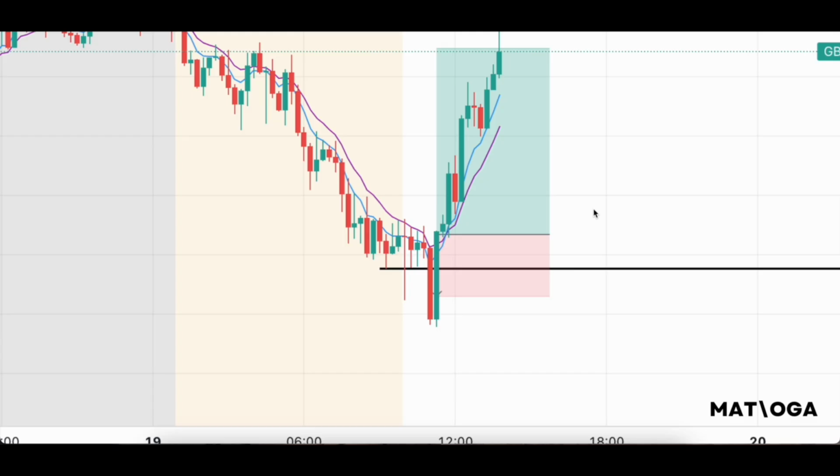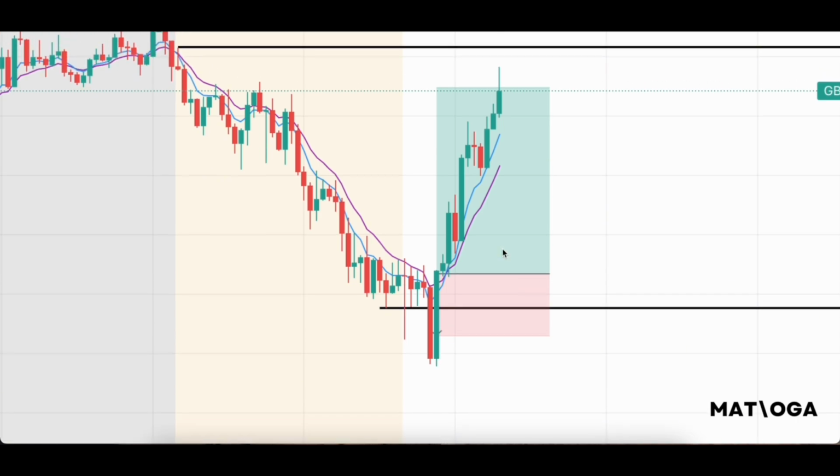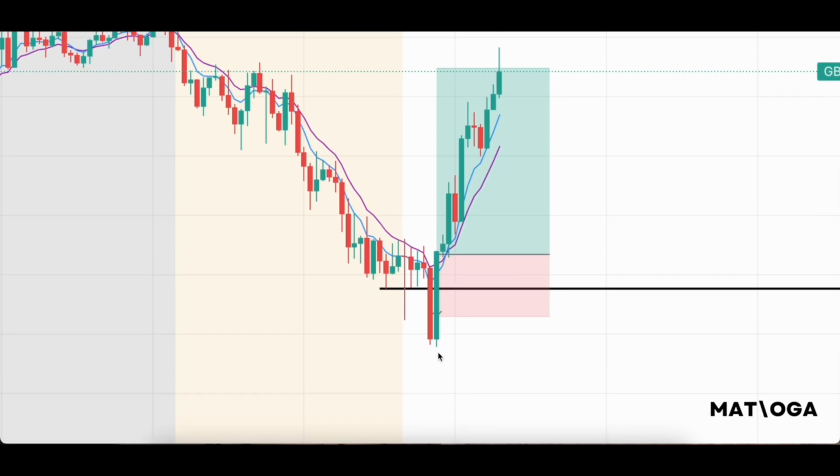But the reason why it's important is that this candle is a very big candle, and you may notice that my stop loss is not below the entry candle low, because the stop loss would have been way too big.